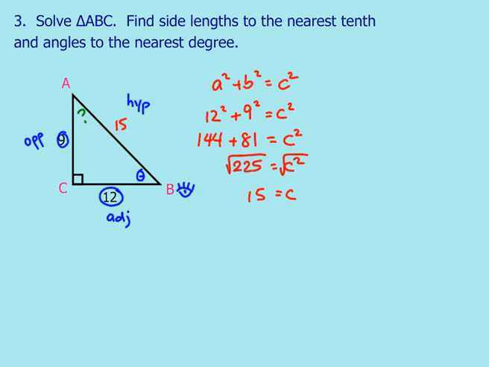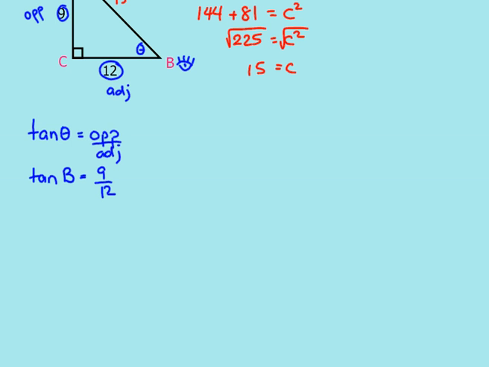So opposite and adjacent, that's tan. Tan theta is opposite over adjacent. So tan, I'm just going to replace it with angle B since that's what we're looking for. Opposite is 9 over our adjacent, which is 12. I'm just going to extend that to get some more room. I want B by itself. I'm going to bring the tan over.